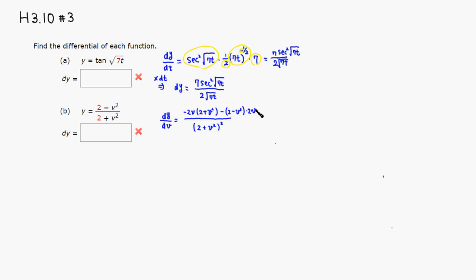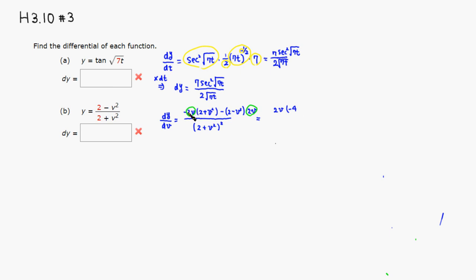Alright, then let's clean it up. So we have 2v in common, so I'm going to pull those out. So 2v is pulled out. Then we have negative 2 minus 2, so it's negative 4.